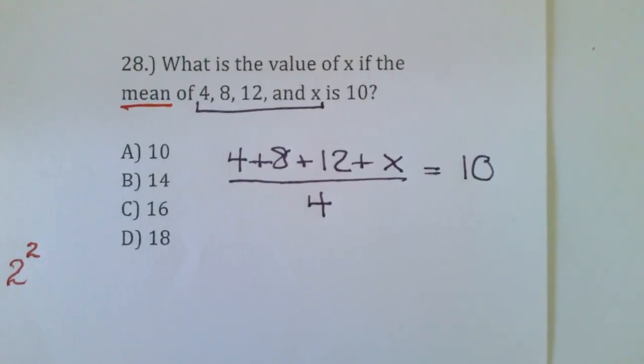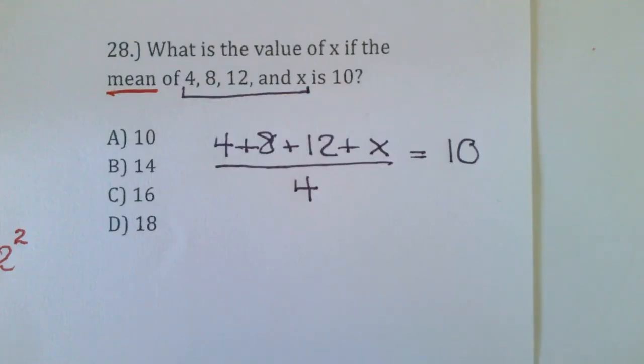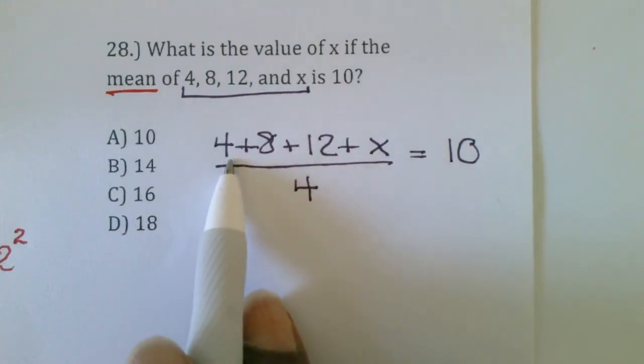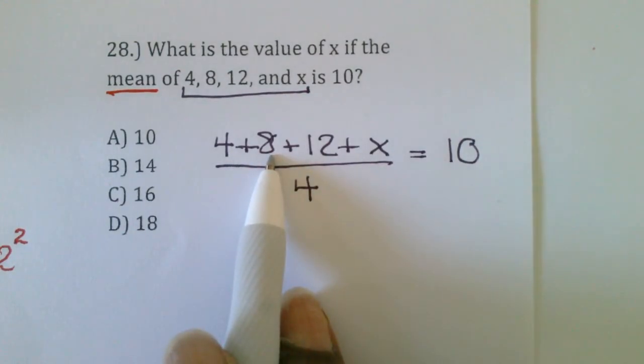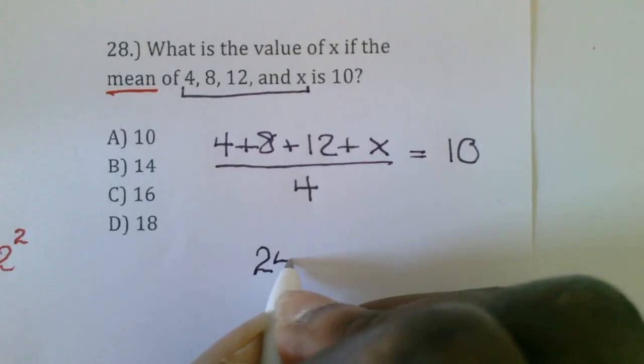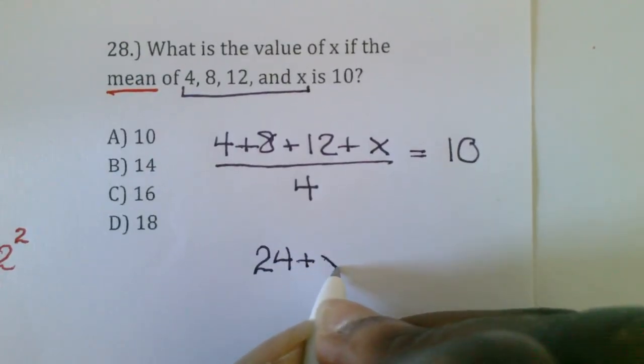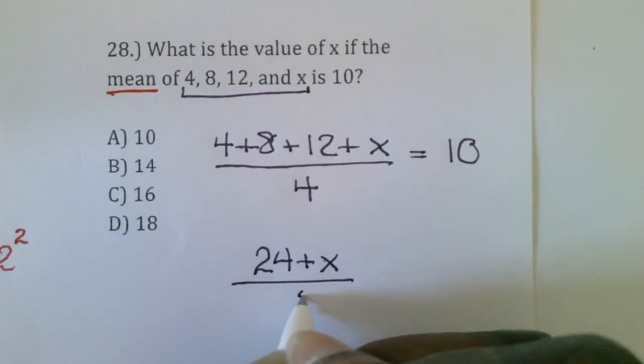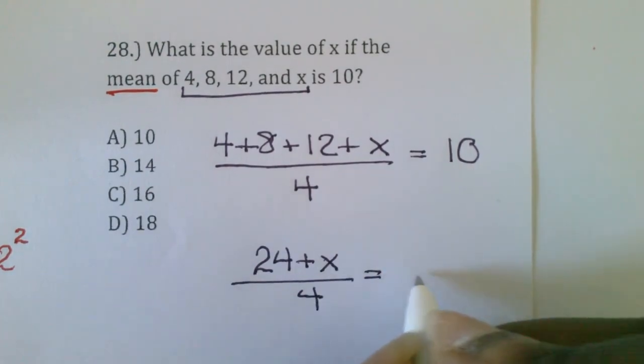Okay? So now, let's add up. So we have 4 plus 8, that gives me 12. Plus 12, that gives me 24. So we have 24 plus the x over 4 is equal to 10.